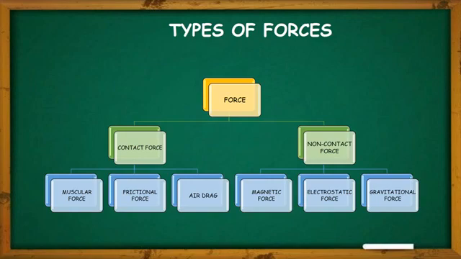This is also an example of contact force, because here both the object and the surface are directly in contact. Then air drag: suppose an aeroplane is moving through the air, piercing through the air. The resistant force which opposes the motion of the aeroplane is known as air drag, or you can simply say it is air friction.